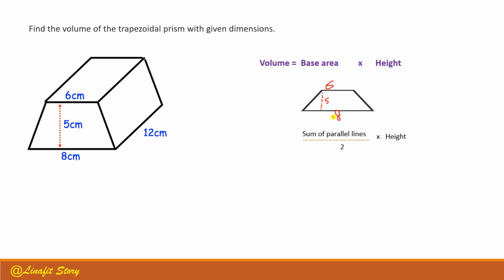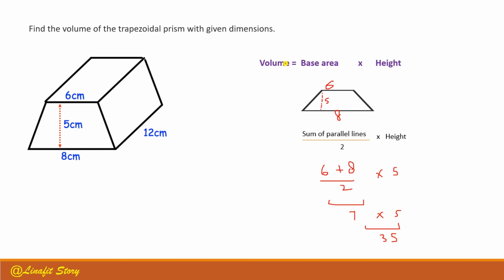So 6 plus 8 divided by 2 times the height of the trapezium is 5. 6 plus 8 is 14 divided by 2 is 7 times 5 is equal to 35.